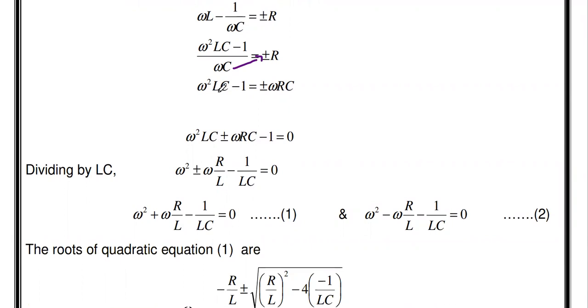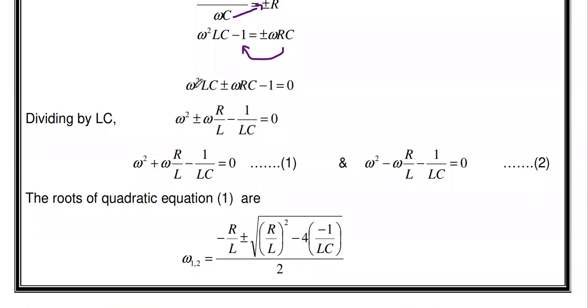So omega squared LC minus 1 equals plus R or minus omega RC. Then you move this term to the left side, and we get a quadratic equation: omega squared LC plus or minus omega RC minus 1 equals 0.